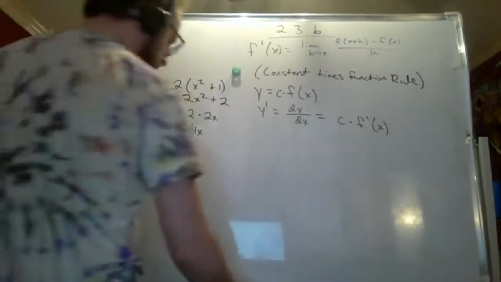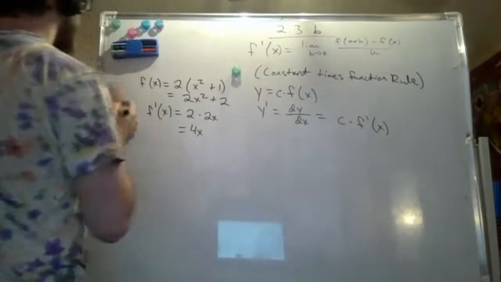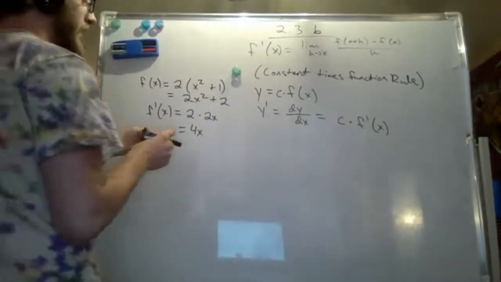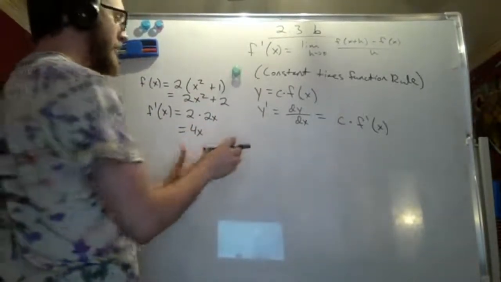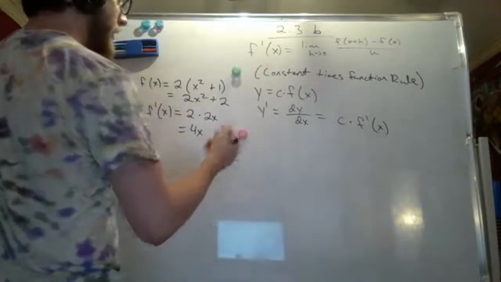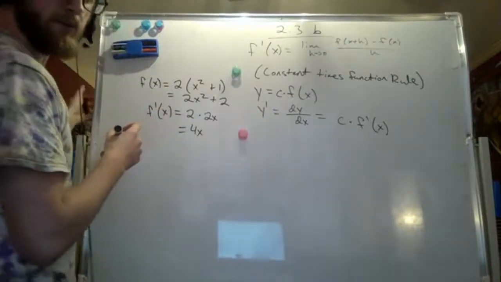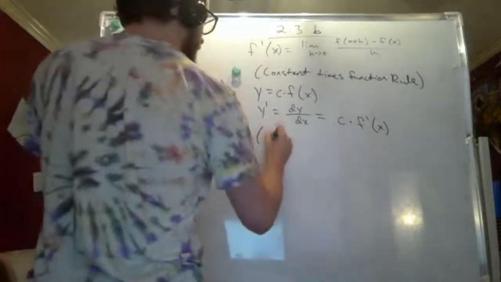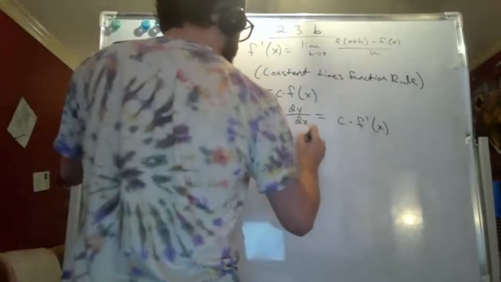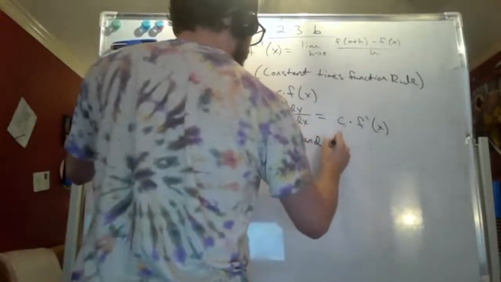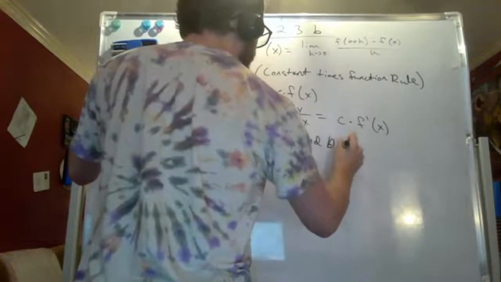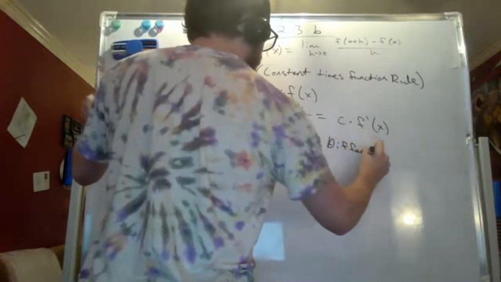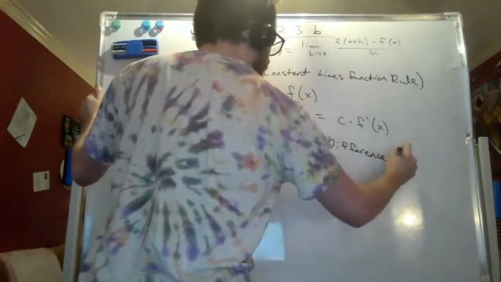The second rule that we'd like to discuss in this section, which I actually accidentally used here, but you'll see why or how I used it in a moment. The second rule is called the sum and difference rule.